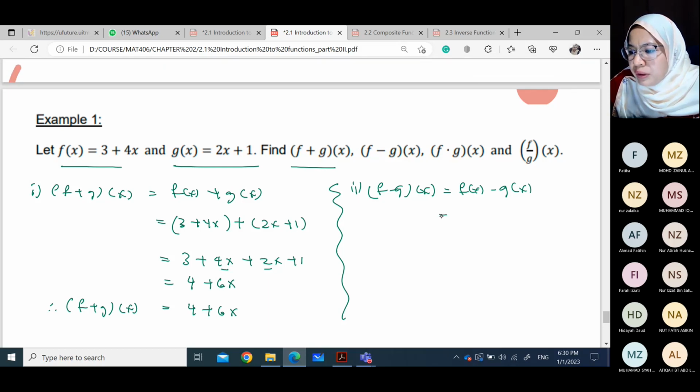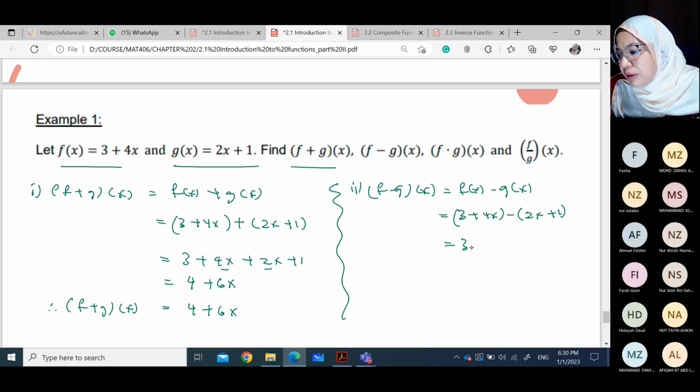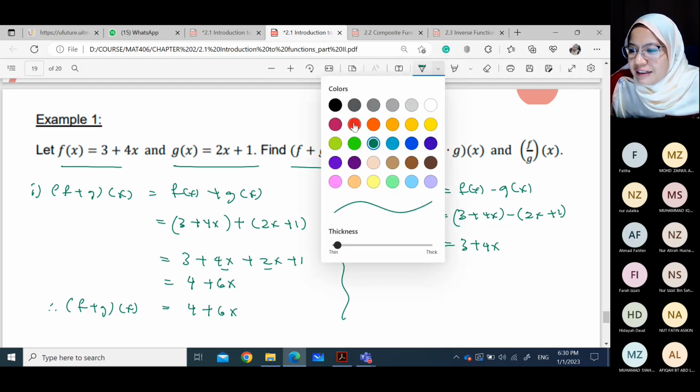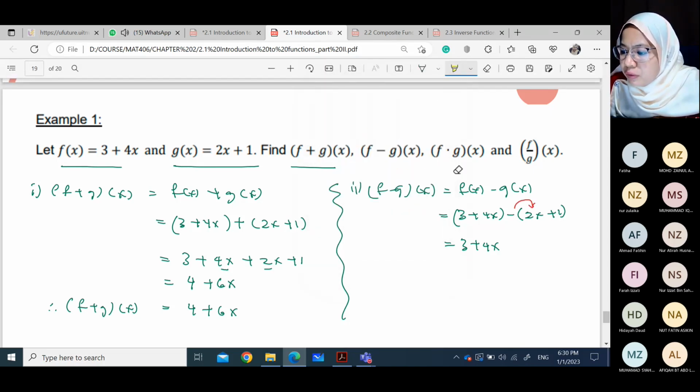Untuk minus, so (f minus g)(x) is equivalent with function f minus function g. So we take function f, which is 3 plus 4x. Okay, so minus function g, 2x plus 1. Okay, so open up this bracket. Then we have 3 plus 4x. So negative 2x. Okay, so bila you nak open up bracket ni ada teknik jugalah. So kat sini negatif kan. So negative times 2x, we have a negative 2x.